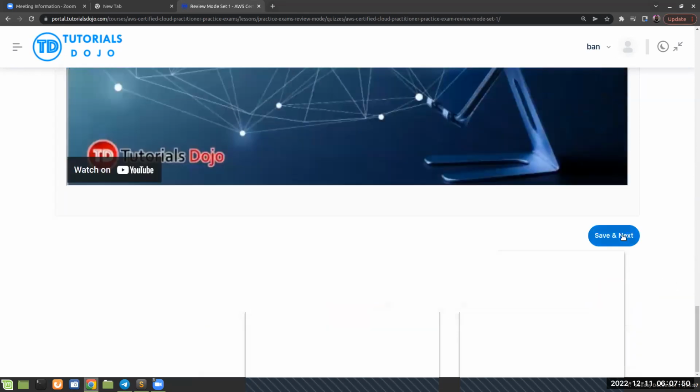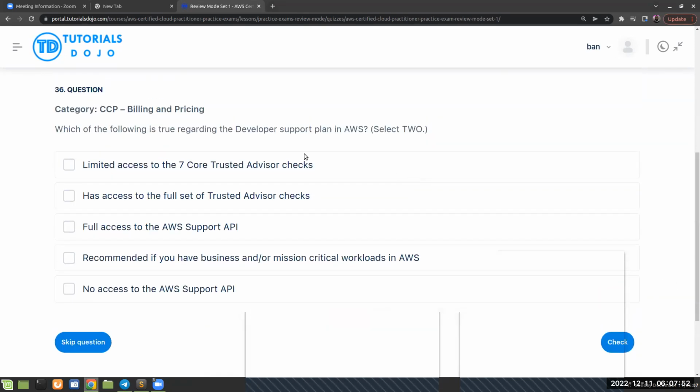Okay, well, the next question is for you. Which of the following is true regarding the developer support plan in AWS? Select two.